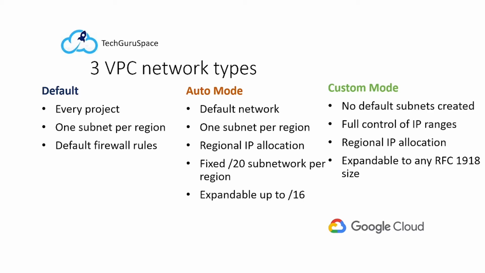In an auto mode network, one subnet from each region is automatically created within it. The default network is actually an auto mode network.